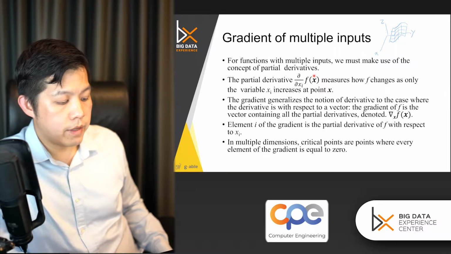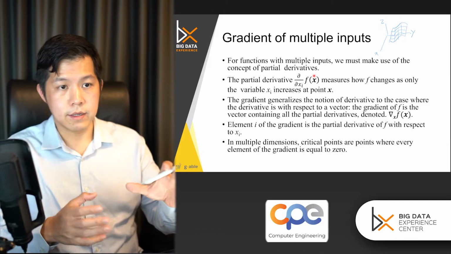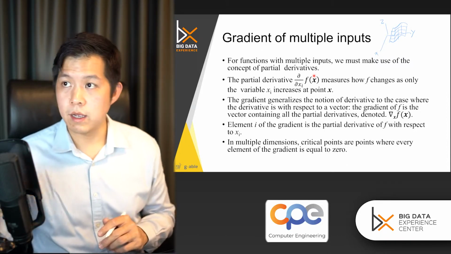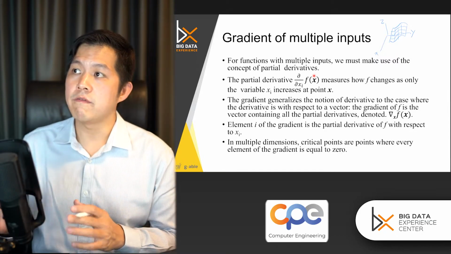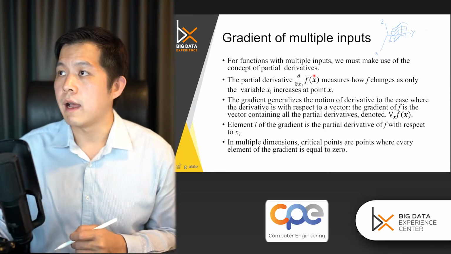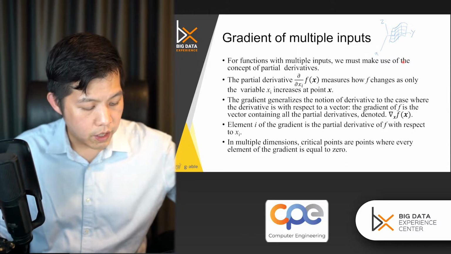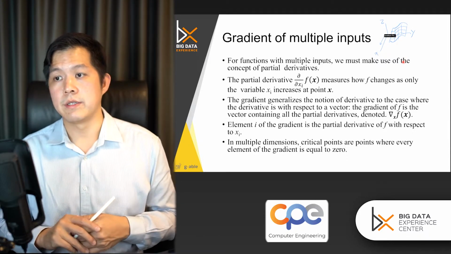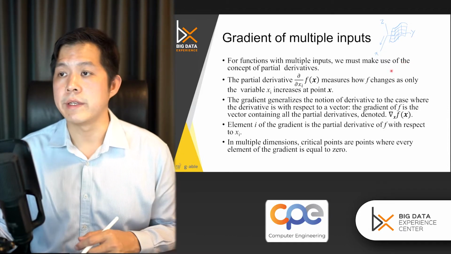So the result would be something like the perspective over here of this 3-dimensional graph, so that we are viewing the change only in this direction and disregarding the other directions. Right, so this is the partial derivative.